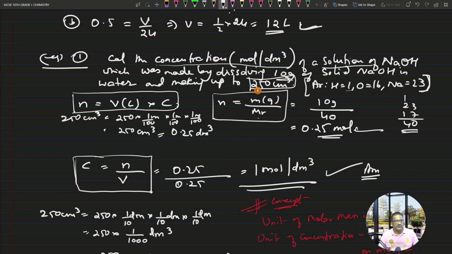And if you do that, you will get 0.25. So this 0.25 is the volume in liters, okay, which should be in liters. So this works out to 1, and this is mole, right? So the unit will be mole per liter or mole per decimeter cube. So the answer is 1 mole per decimeter cube, right? This is the concentration of this particular solution.